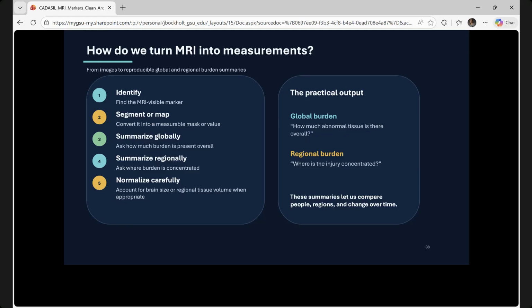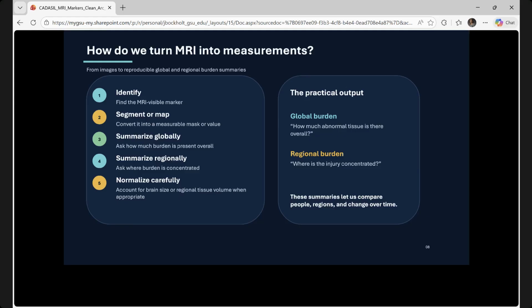That leads to a map where, in every spot in the brain, you know whether this tissue is white matter, gray matter, CSF, blood, etc., or is an identifiable marker such as a lesion or lacune or a microbleed, etc. That's what our containerized pipelines, our measurement tools, are really doing.